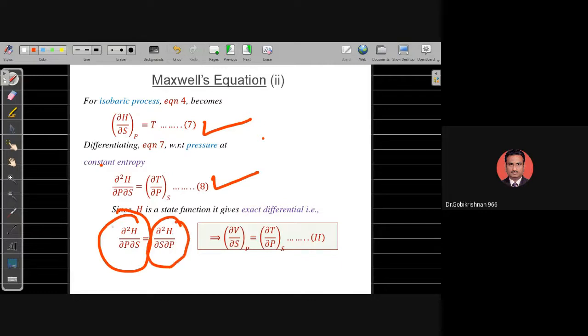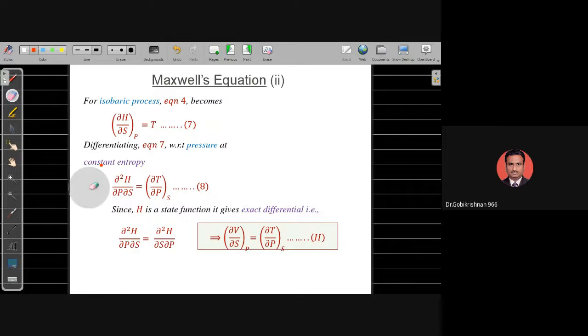This condition is applicable when H is a state function. We know that H is a state function. Therefore, if the left side is equal, then the right side should also be equal. The right side is nothing but dou V by dou S at constant pressure is equal to dou T by dou P at constant entropy.